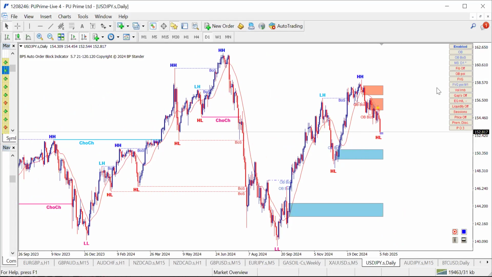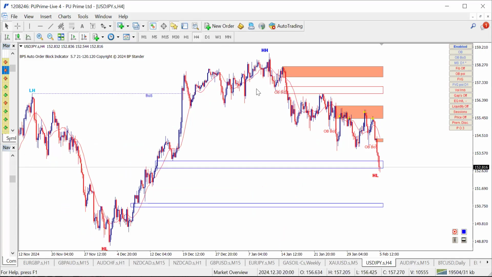I would love to see either a rejection here or at this zone, because this zone is a very, very strong area for me. So on a larger time frame, I might look towards some bearish sentiment on USDJPY.